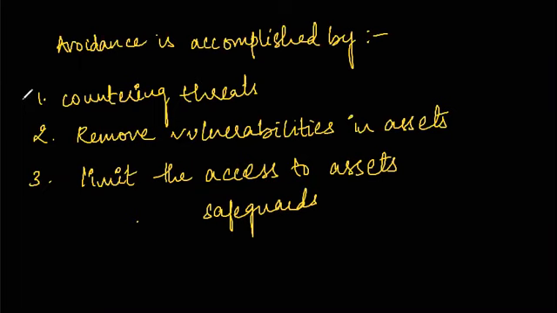Now, these are the ways through which avoidance can be accomplished. You're either going to counter the threats, remove the vulnerabilities by fixing the bugs, or give controls over who can access the information and who cannot.